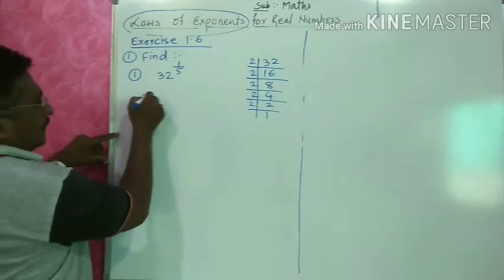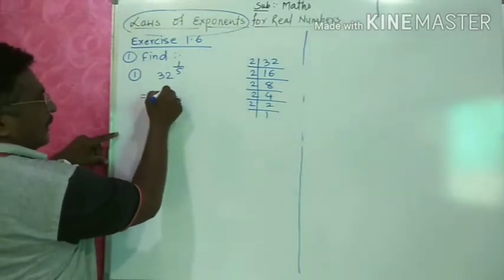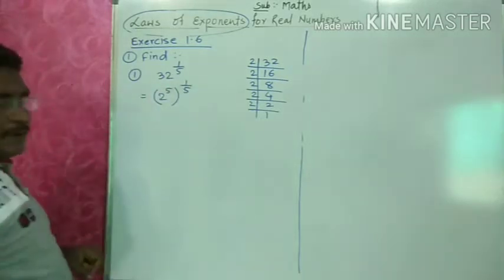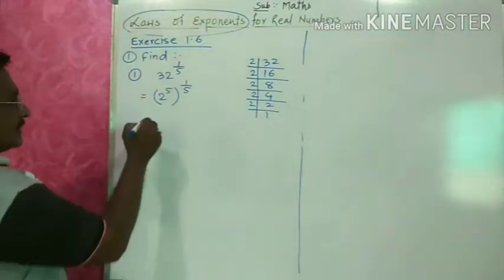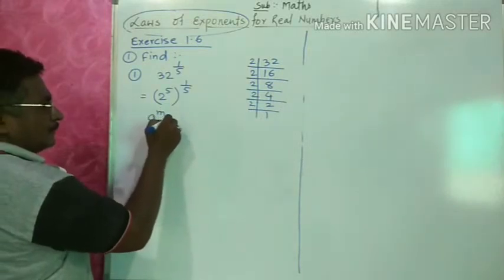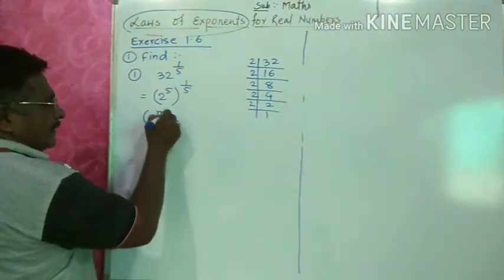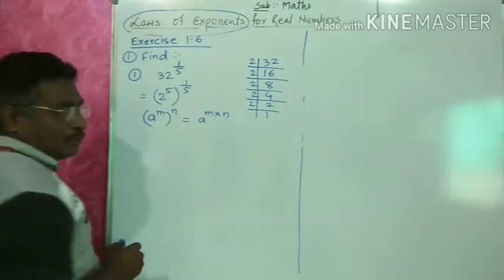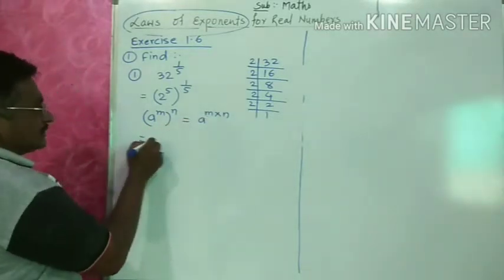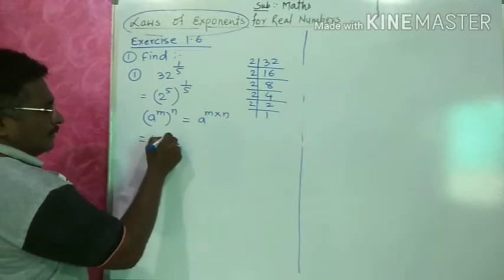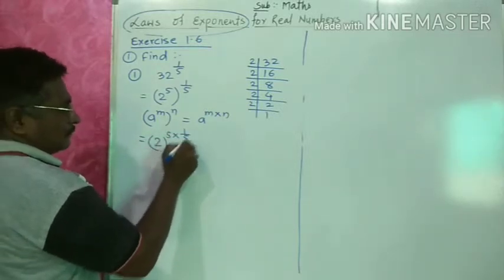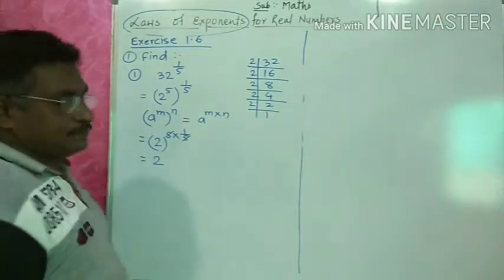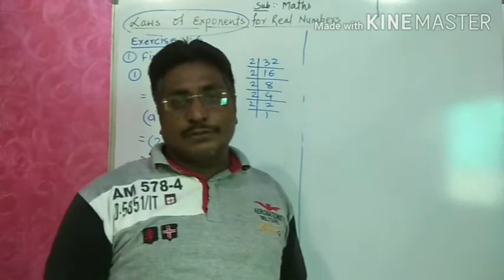So 32 we can write as 2 raised to the power 5, raised to the power 1 by 5. Now a raised to the power m raised to the power n gives a raised to the power m into n. So 2 raised to the power 5 into 1 by 5, the 5 cancels. What is left? 2. Understood, student, how to solve?